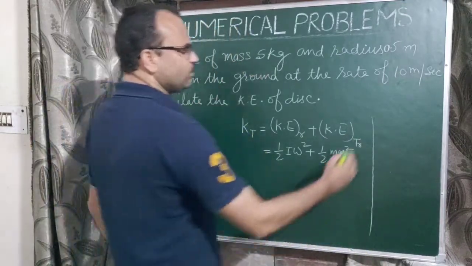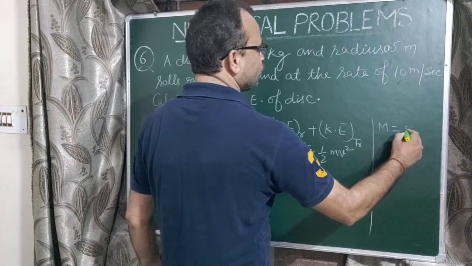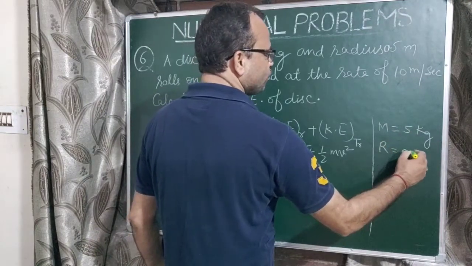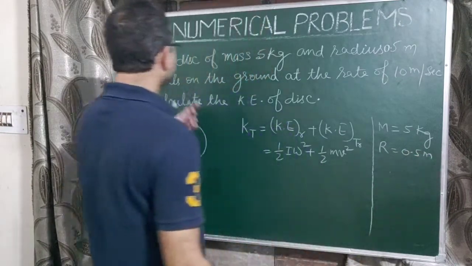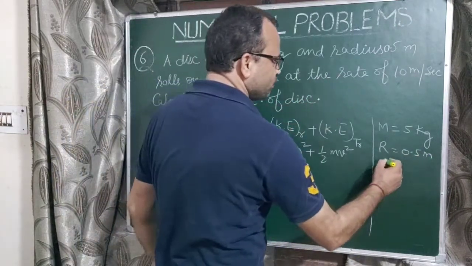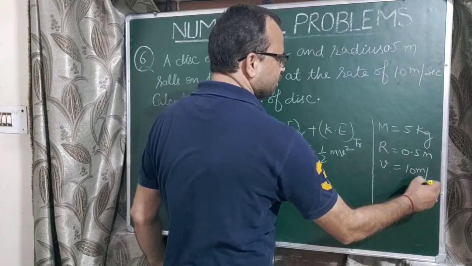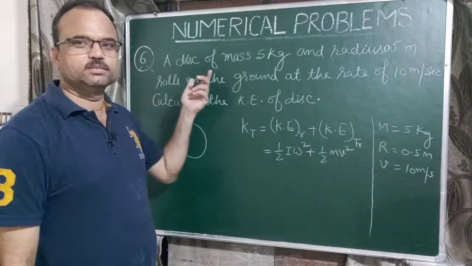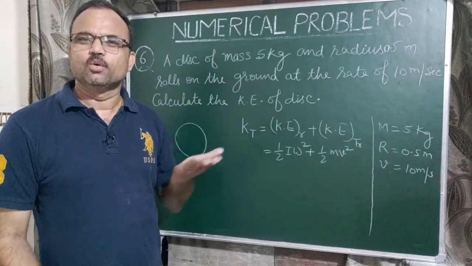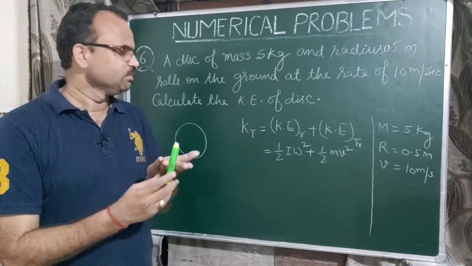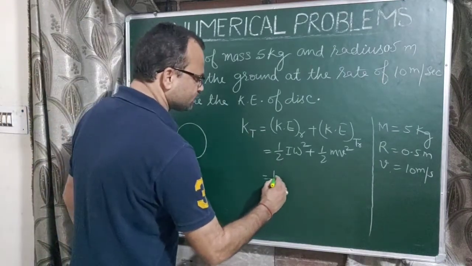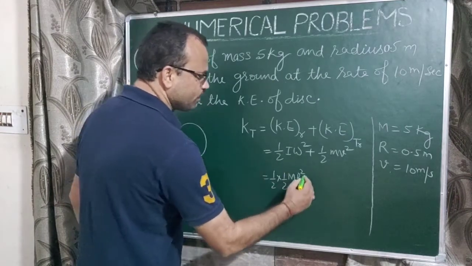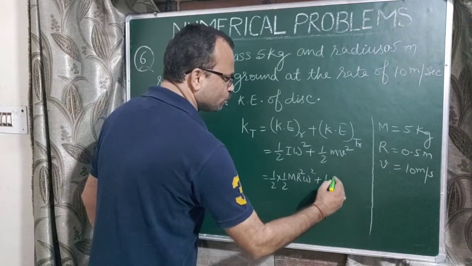In this problem, the mass is given, mass equals 5 kg, and the radius r is given as 0.5 meter, and the velocity, simply v, equals 10 meter per second. Okay, so it is a disc, the moment of inertia of a disc when the axis passes through its center. The formula of I is 1 upon 2 mr square, right? Omega square is the same, plus 1 upon 2 mv square is the same.